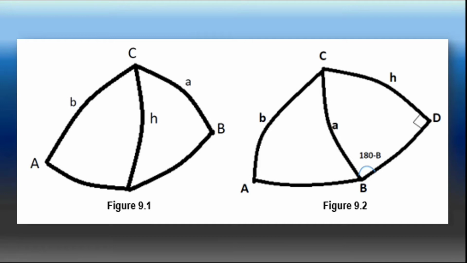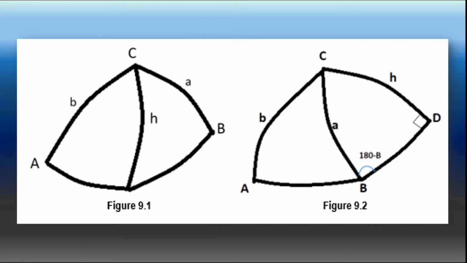Then we have the sides A, B, and of course on the lower portion it is side C, and we have here the height, denoted by H. And then in figure 9.2, you can see that we have angle A, angle B, angle C, then angle D. The height is the side on the right side. Then on the left we have B, and at the middle we have side A.